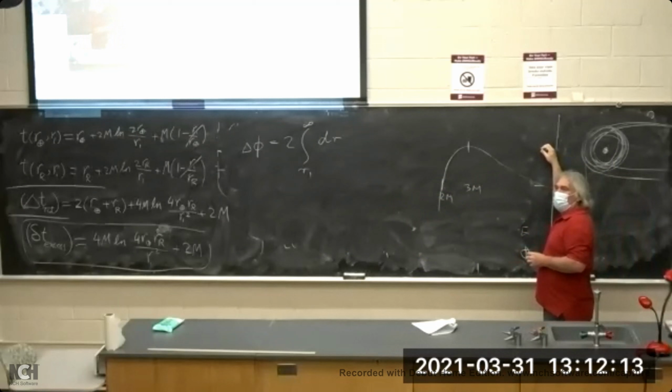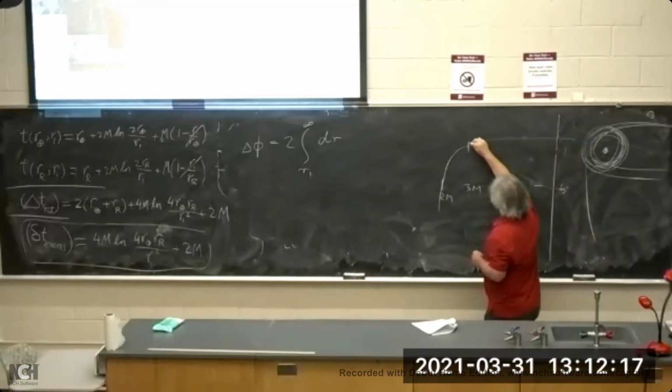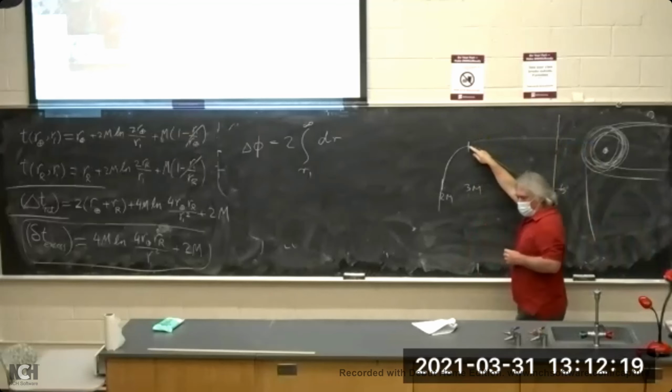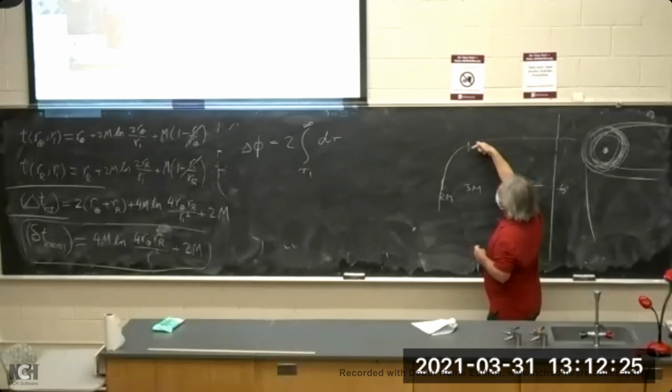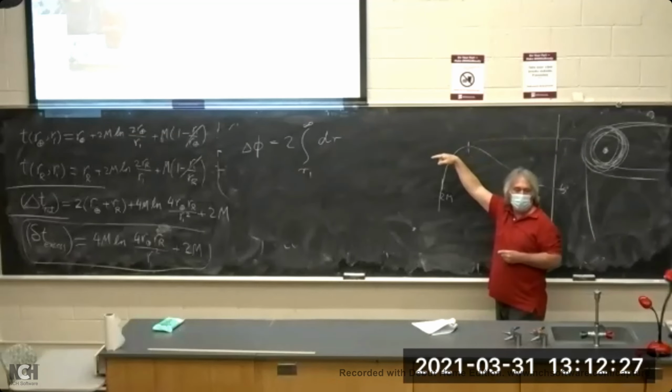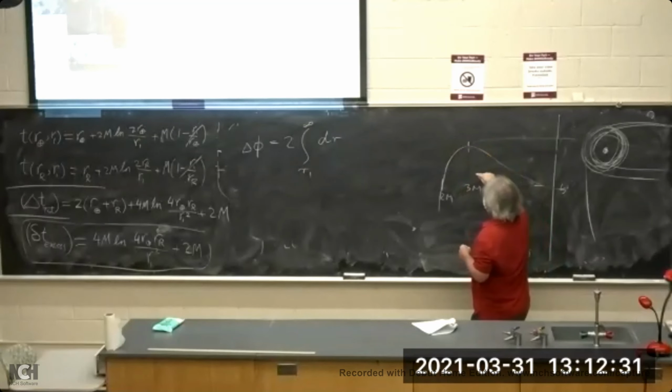If you're coming from infinity, then I think if you make it past this point, and you still have a component of the four velocity going inward, then you will be captured. Right. So the best you can do is inject yourself into the circular orbit here.